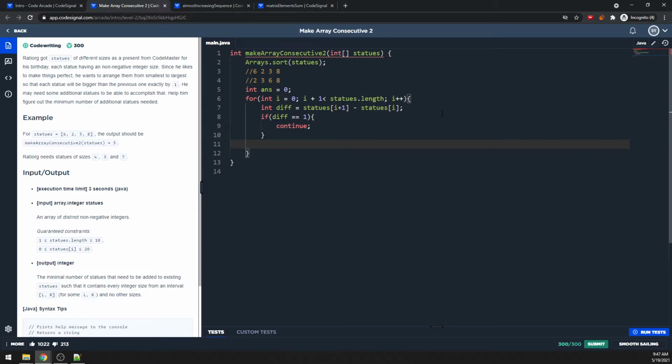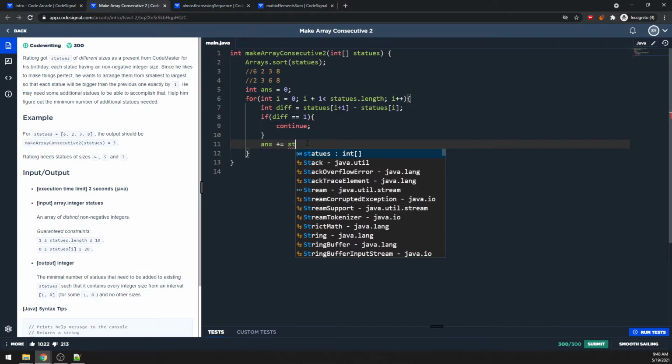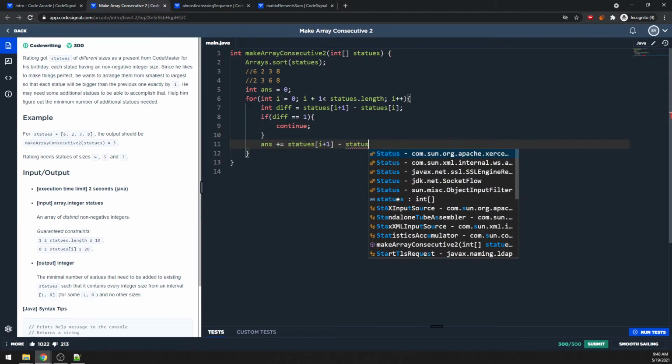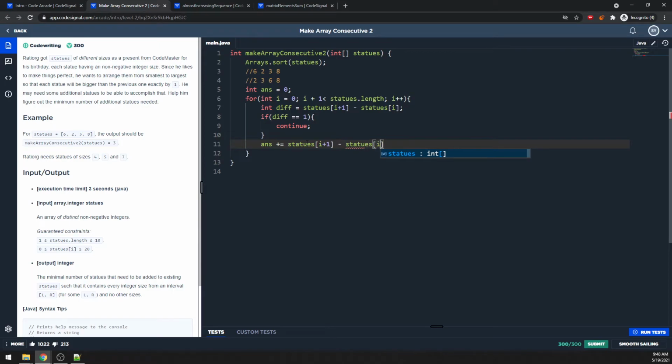But if the difference is not equal to 1, like for example 3 and 6, we use the largest value, subtract the smallest value, status I plus 1, and then you return answer.